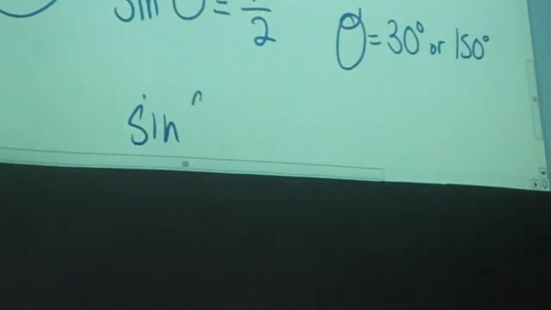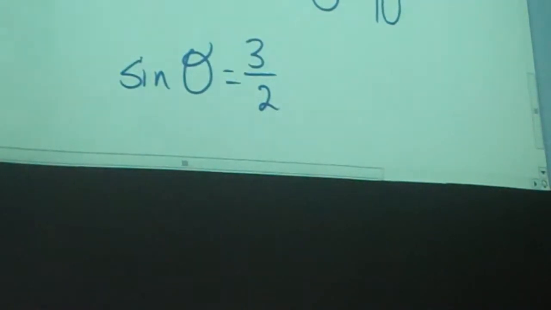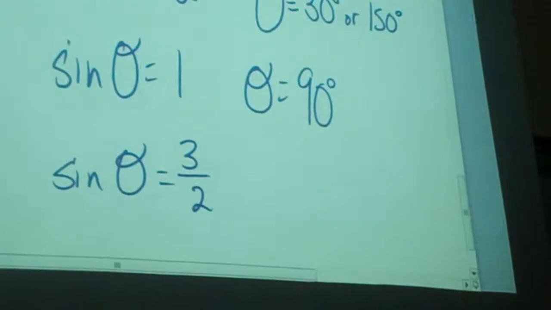If I have sine of theta equals 1, we know that theta should equal 90 degrees. What if I say now sine theta equals 3/2? Is this on the unit circle?